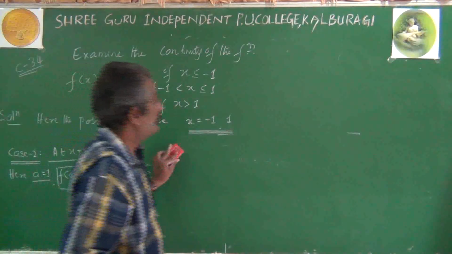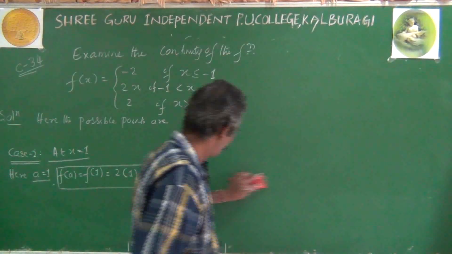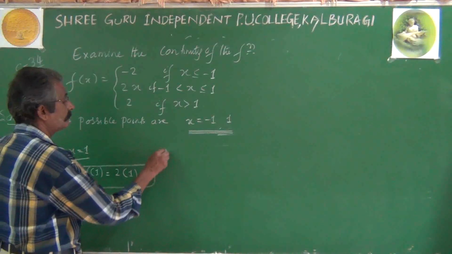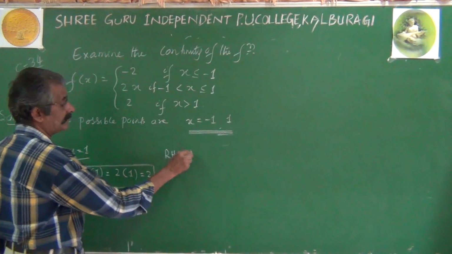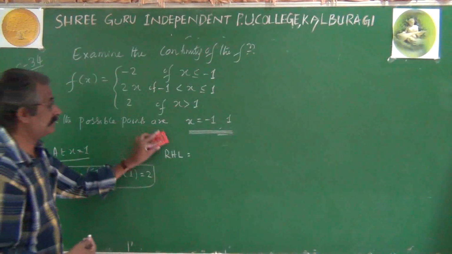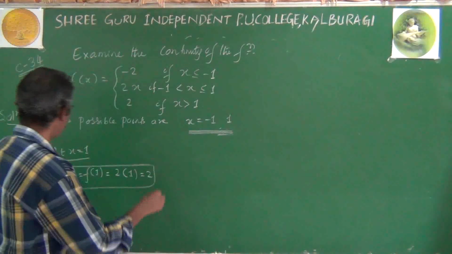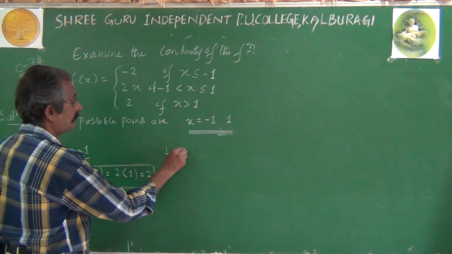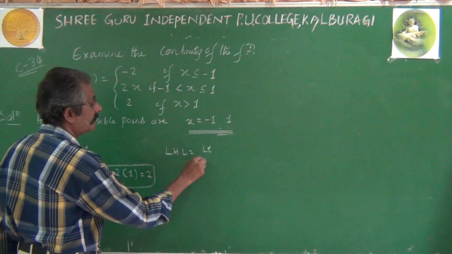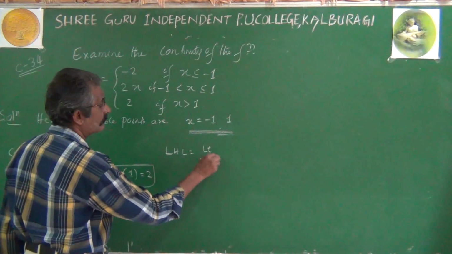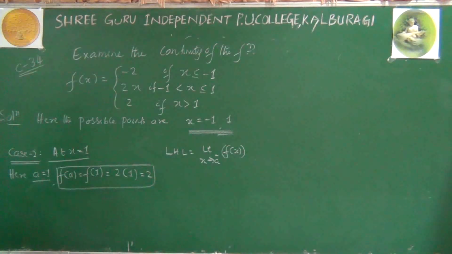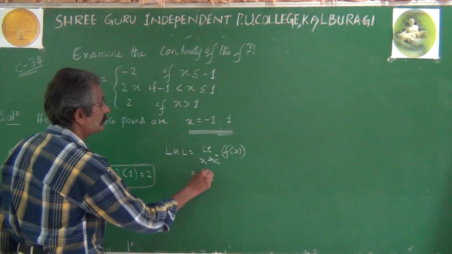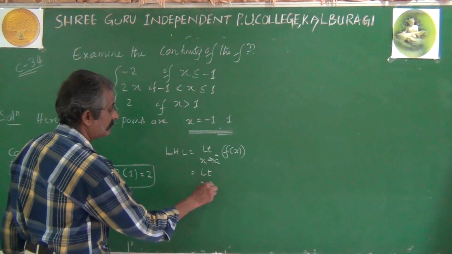We also find right hand limit. Right hand limit, then next we can find LHL. Or we shall find LHL first, that is immaterial. Next, left hand limit is defined by limit x tending to a minus of f of x. That is limit x tending to 1 minus of f of x.